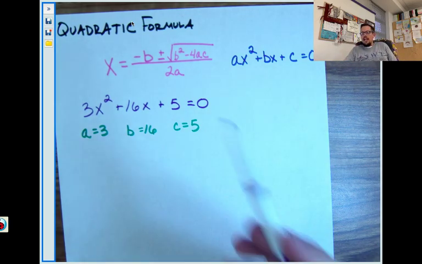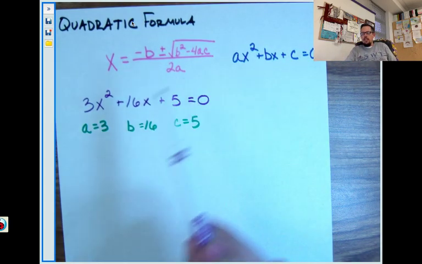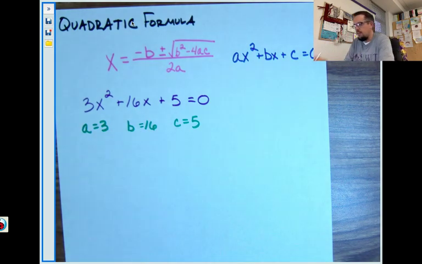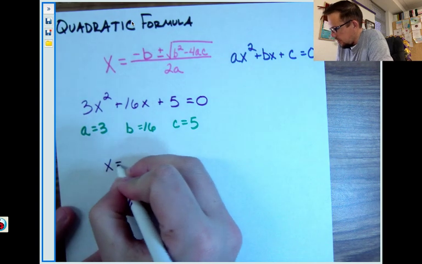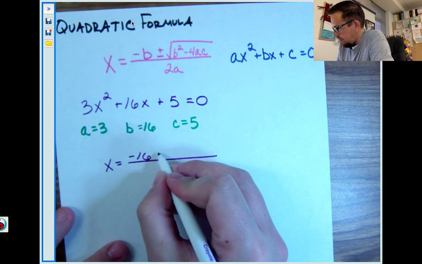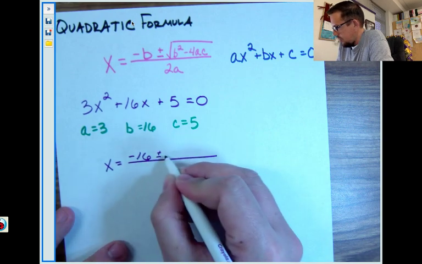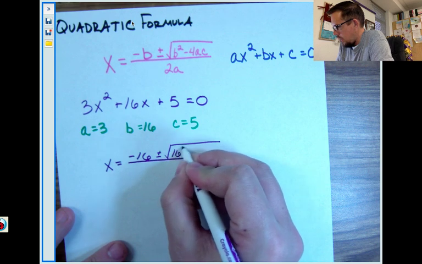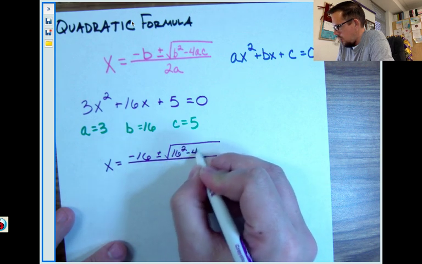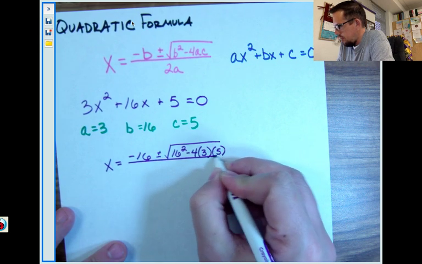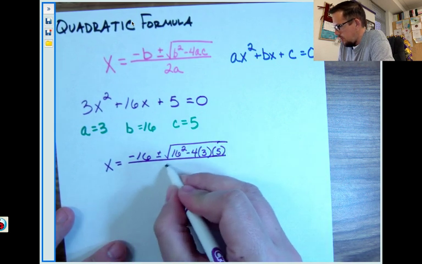Now we're just going to write the quadratic formula, but replace the a's with 3, the b's with 16, and we're going to replace the c with the 5. So x equals negative b plus or minus the square root of b squared minus 4ac all over 2a.